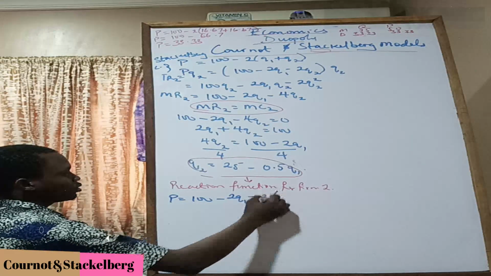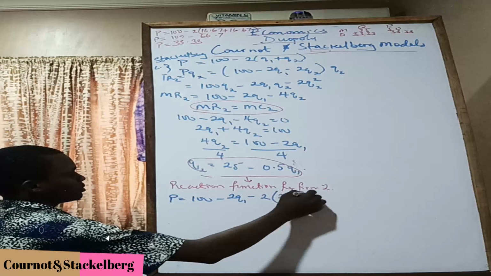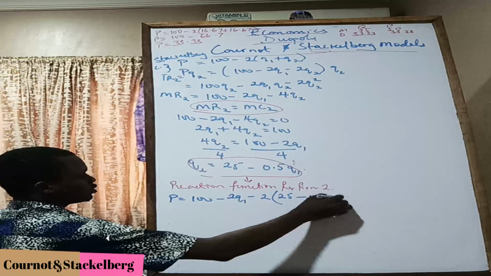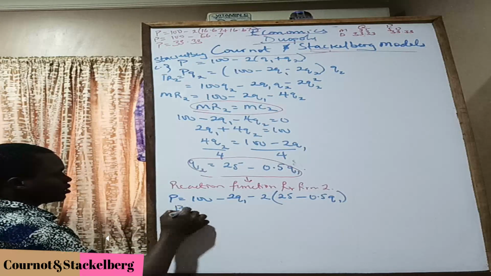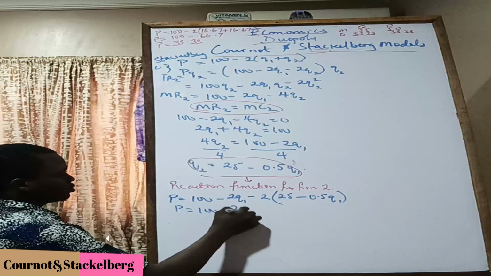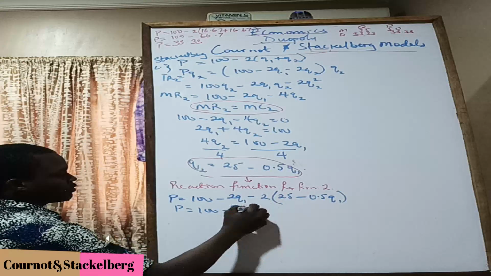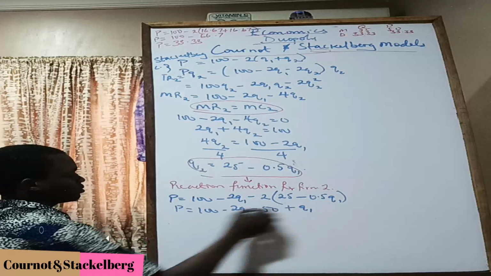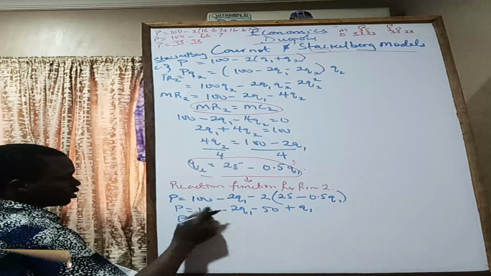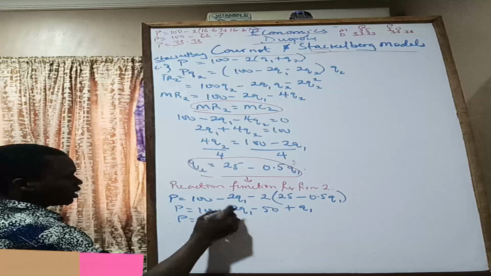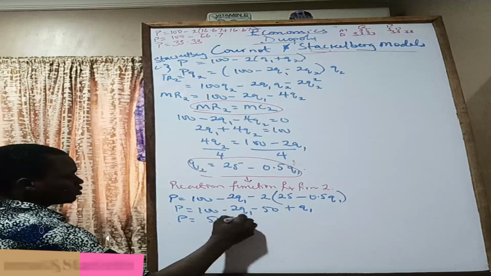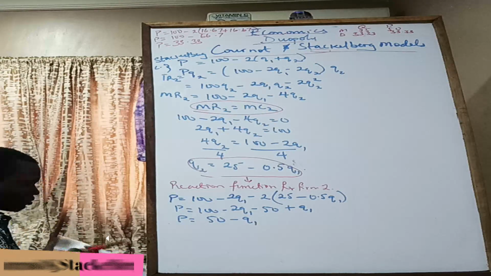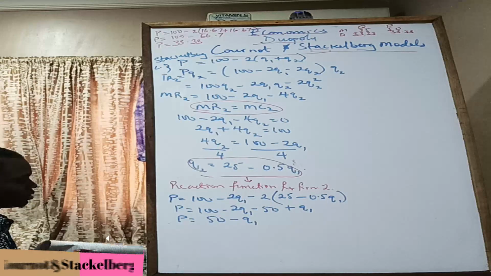But that q2 is now going to be equal to 25 minus 0.5 q1. So P equals 100 minus 2q1 minus 2 times 25, which is minus 50, then plus q1. So P equals 100 minus 50, which is 50, minus 2q1 plus q1, minus q1. So this guy can now continue from here.